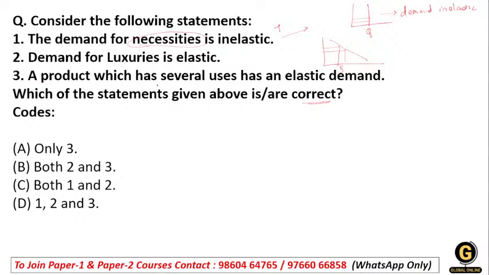Now the next one, a product which has several uses has an elastic demand. So if the product can be used in multiple ways, like electricity, coal, sugar, then its demand is elastic, because an increase in price may lead consumers to reduce its use. If you use electricity for multiple purposes, okay, so if any product is used for multiple purposes, in that condition you can see there is elasticity of demand.